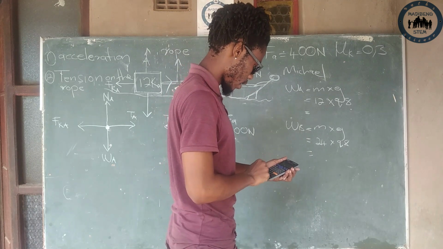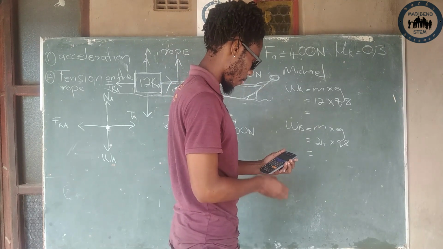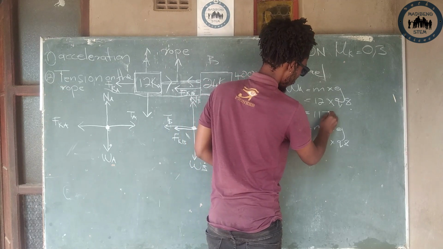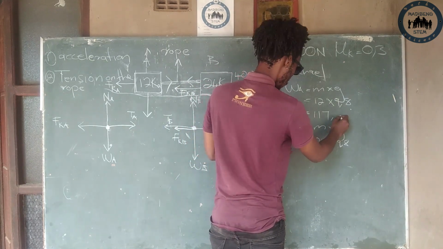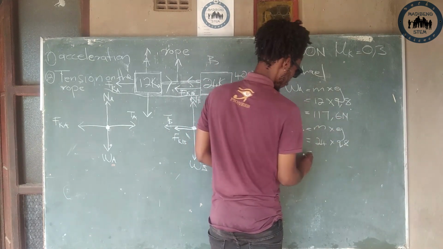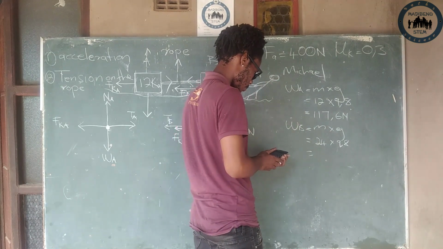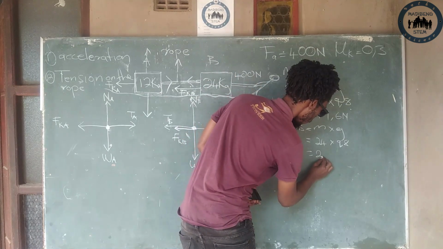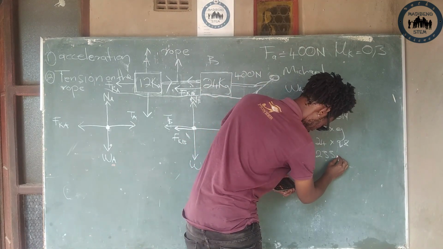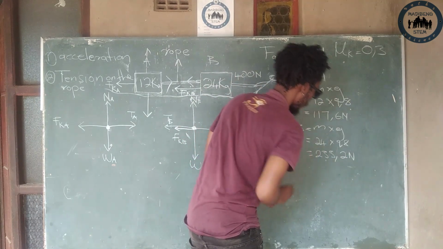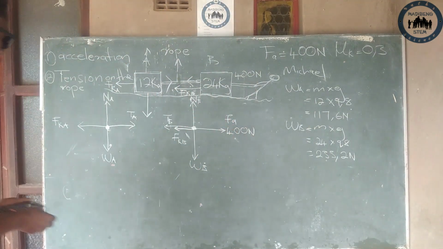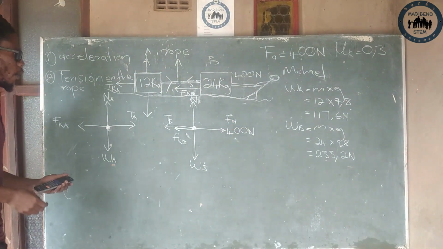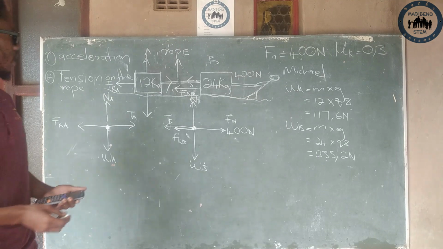Twelve times 9.8 is 117.6 newtons. 24 times 9.8 is 235.2 newtons. So we have weight. Weight is also equal to normal force, guys.